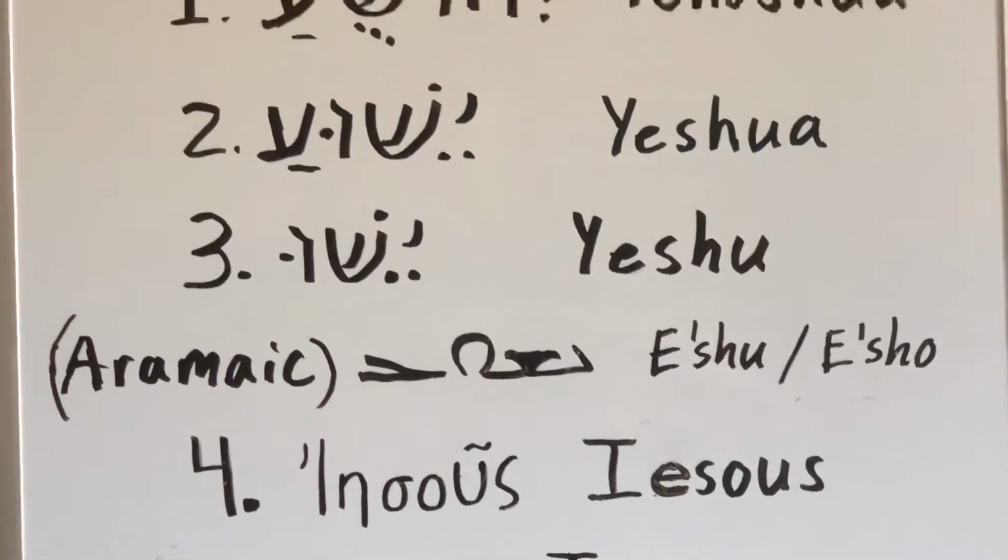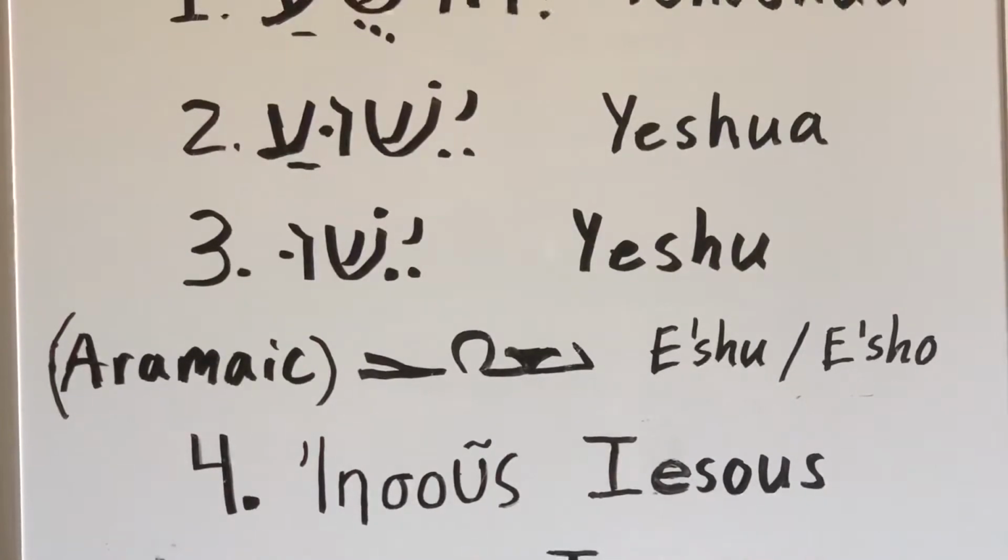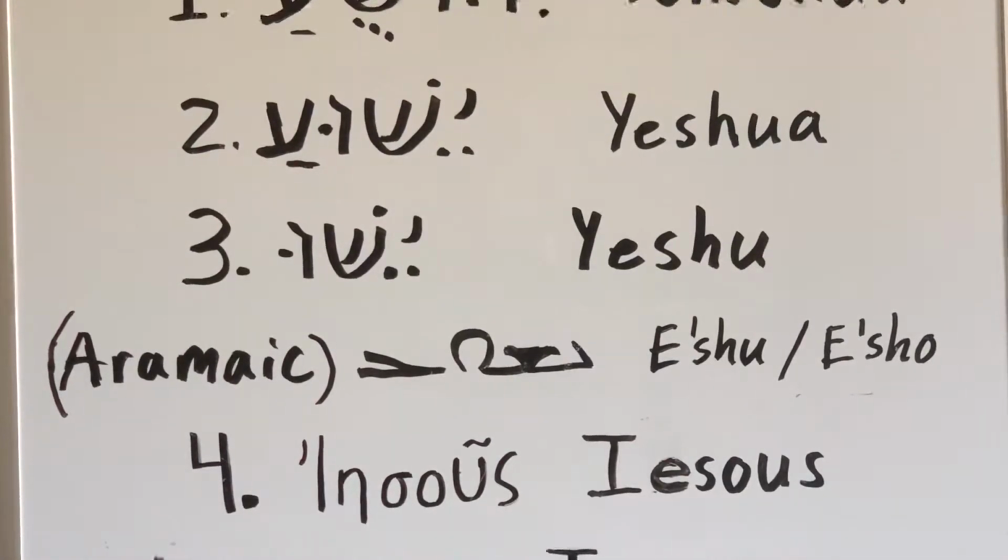Now, this is the Greek. And in the Greek, they were trying to transliterate the same sounds that the people were using to refer to the Messiah, instead of just translating it into their languages. They were trying to copy the same noises, but they could not, because in Greek, they did not have a sh sound. So in place of the sh, they put an s.